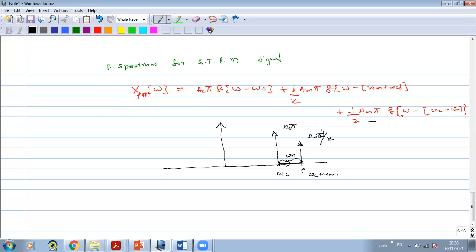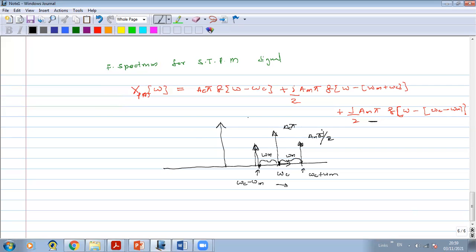And if I consider the term omega minus omega c minus omega m, it is shifted to omega c minus omega m. So at this point also we have another peak like this.